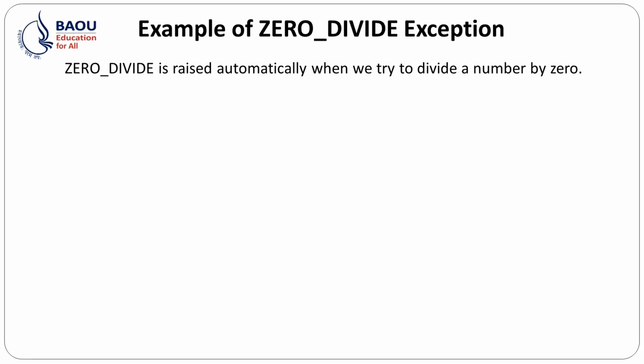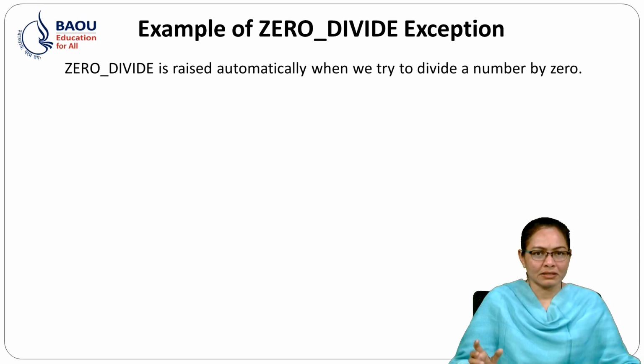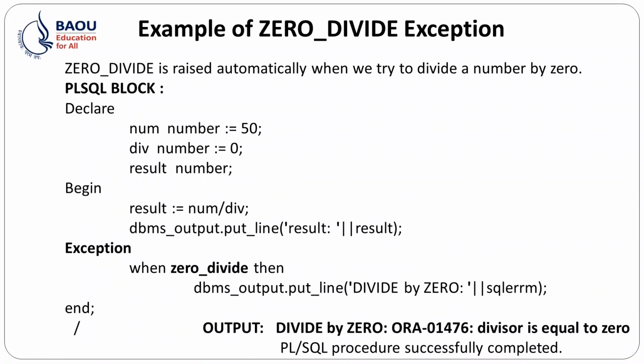ZERO_DIVIDE is raised automatically when we try to divide a number by 0. If you try to divide a number by 0, then this exception or error occurs, which is handled by the ZERO_DIVIDE exception. See, here there is a PL/SQL block.